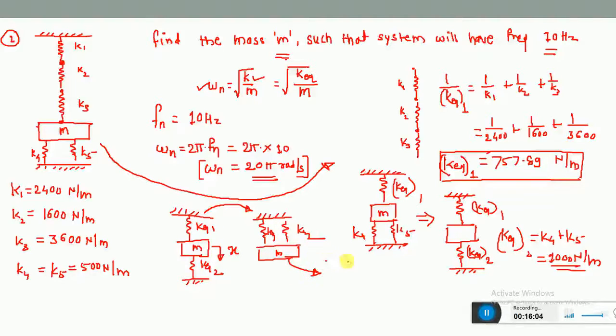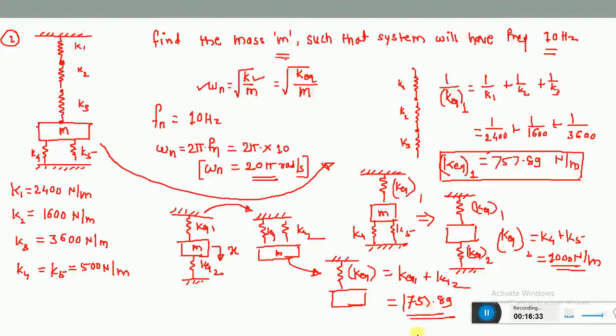So net K, this is the K equivalent for the entire system, and it is equal to K equivalent 1 plus K equivalent 2. K equivalent 1 is 757 and this is 1000. So the total value is 1757.89.